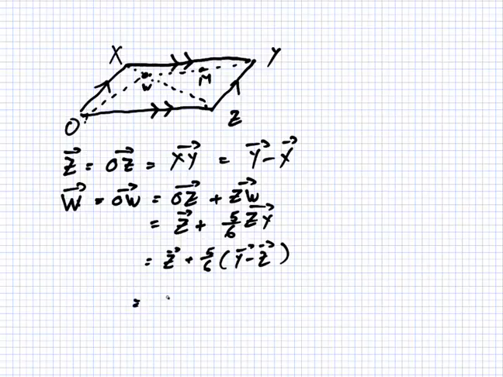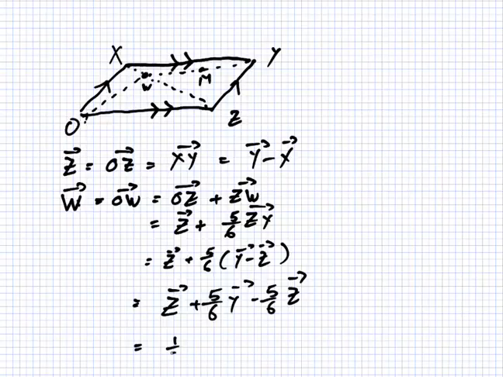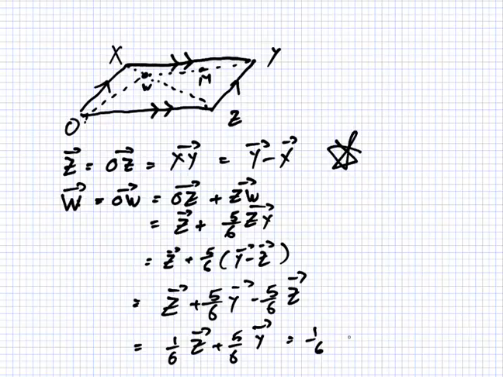That equals z plus 5/6 y minus 5/6 z. So that equals 1/6 z plus 5/6 y. But we can use this result here for z. 1/6 (y minus x) plus 5/6 y.